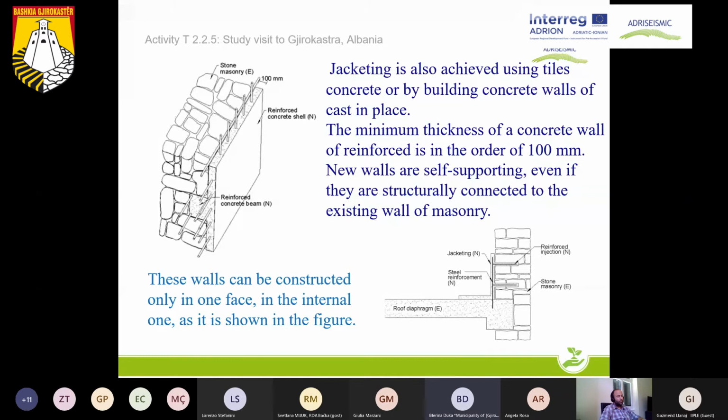In the previous slide, we had the chance to have a look at one perspective of the jacketing method. In this one, we are looking at a supporting wall and using the jacketing method also only in the internal part of the wall and not in the whole structure of this supporting wall.